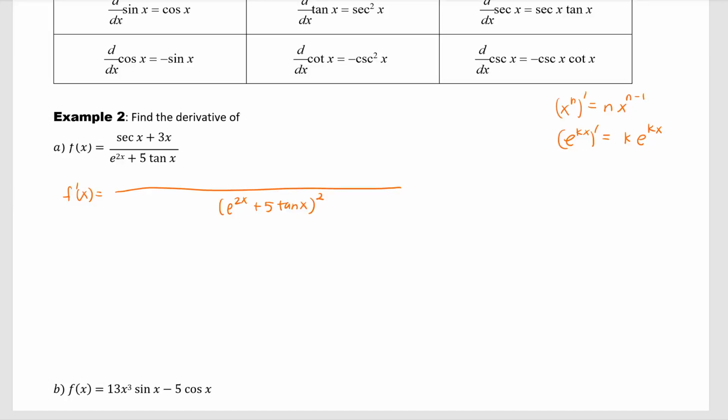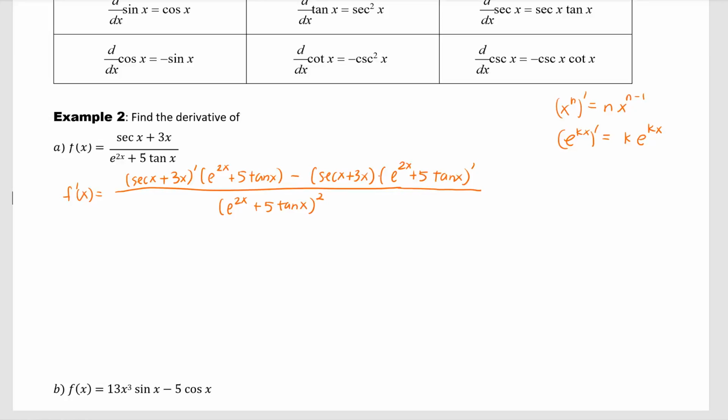And then the numerator is the top guy prime times the second guy, and then minus the top guy times the bottom guy prime. So far so good, everybody?